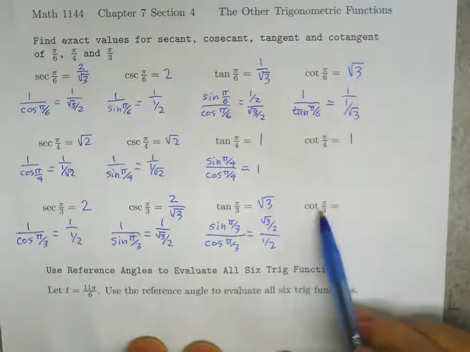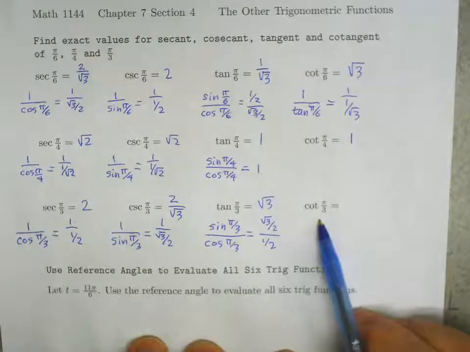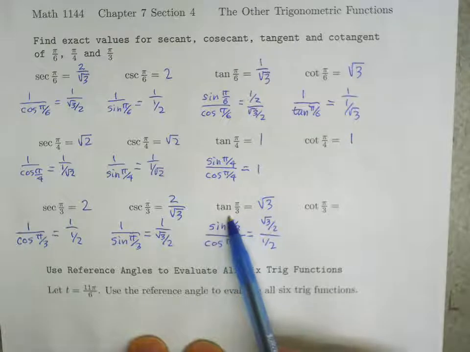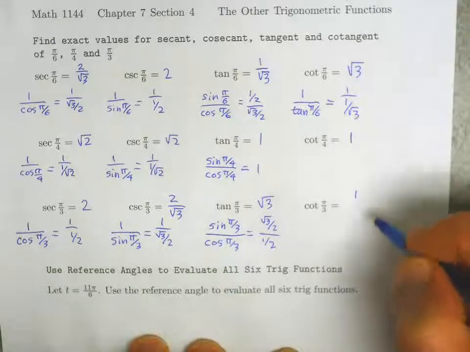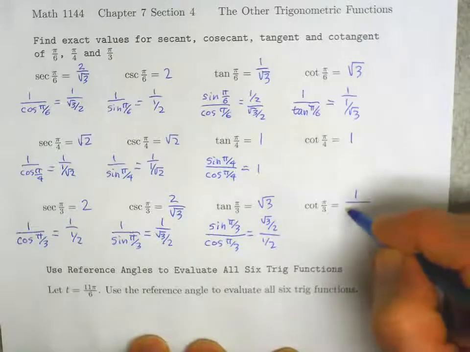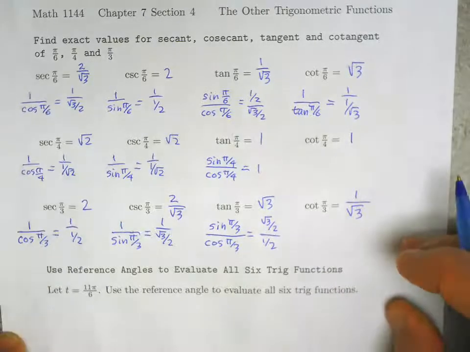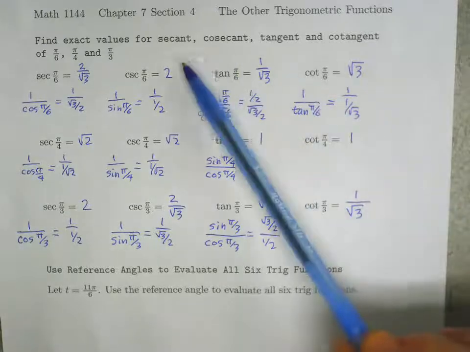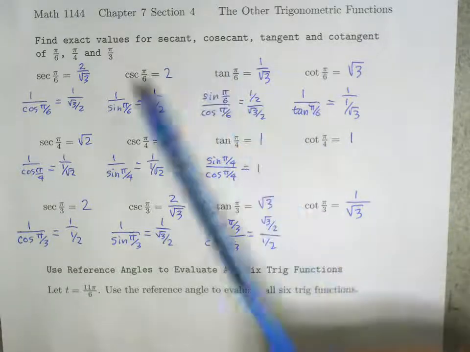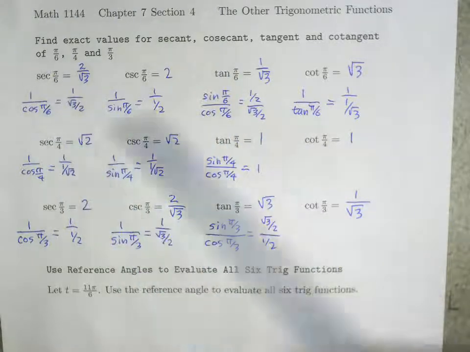And then the cotangent of pi over 3 is the reciprocal of tangent of pi over 3. So cotangent of pi over 3 is 1 over the square root of 3. Okay, make sure you know all of the 6 functions evaluated at the special angles.